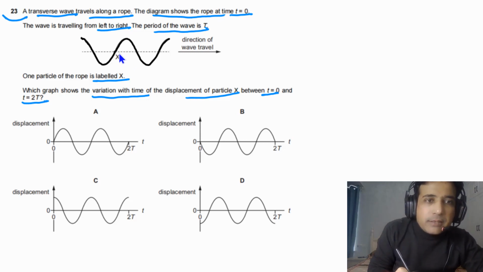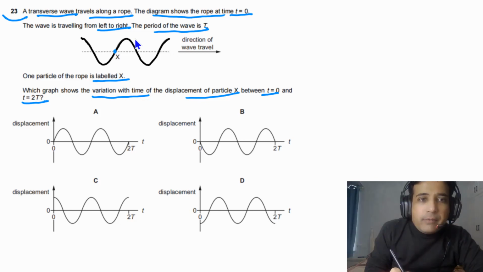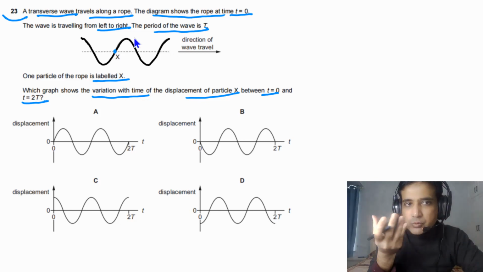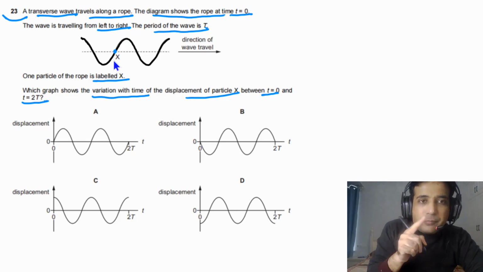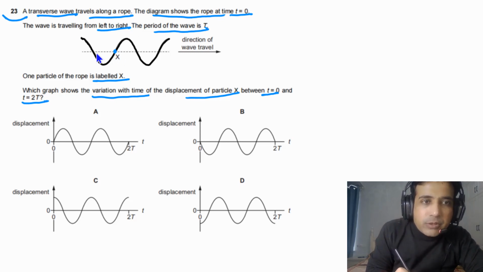So the particle is at this point, labeled x. Now you need to understand how this particle will move. The wave is moving from left to right, so we can draw this wave for the next instant of time, meaning after a short period of time, where the wave will be. For that purpose, simply take the points.